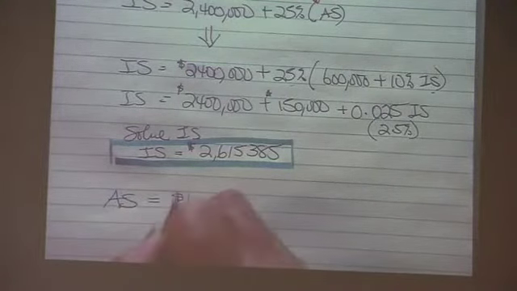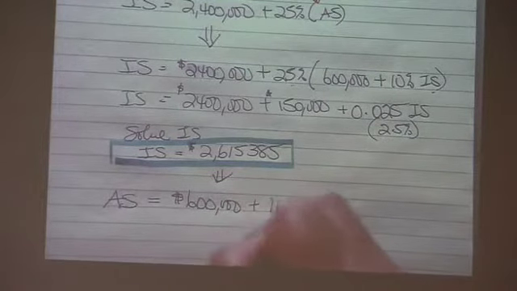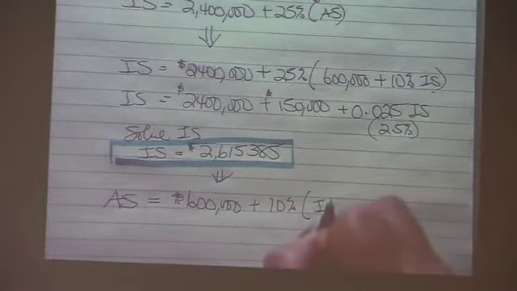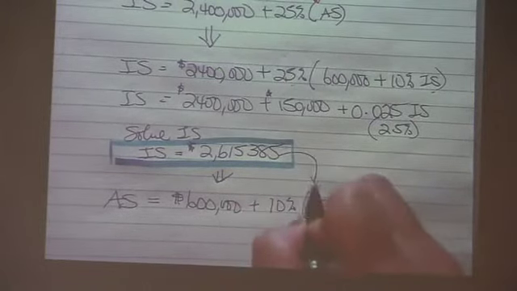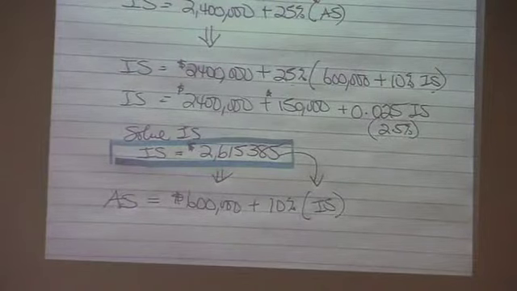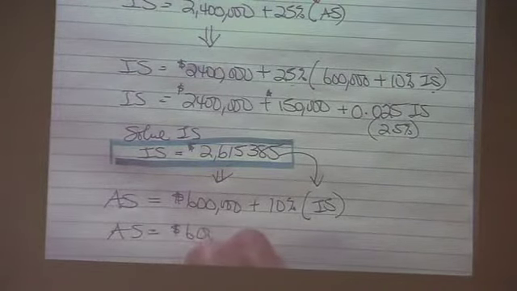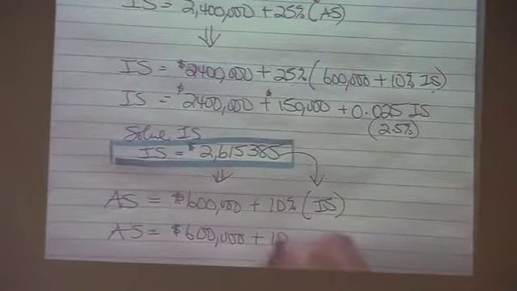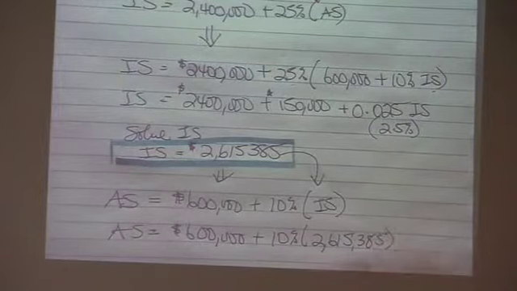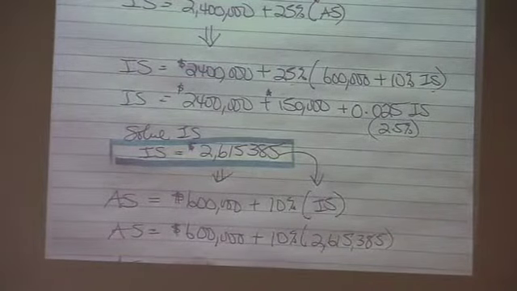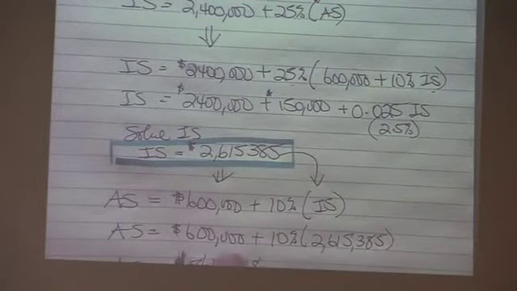So AS is 600 plus 10% of IS, and we know that IS is 2,615,385. That gives us 861,538.